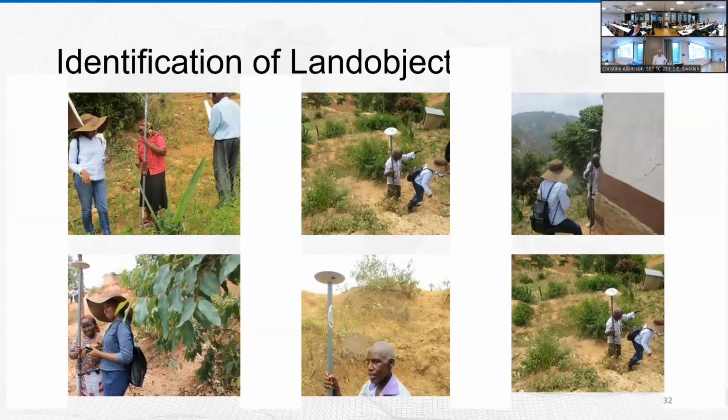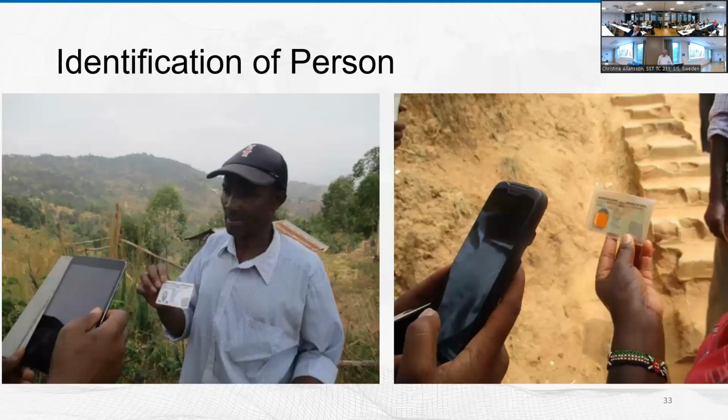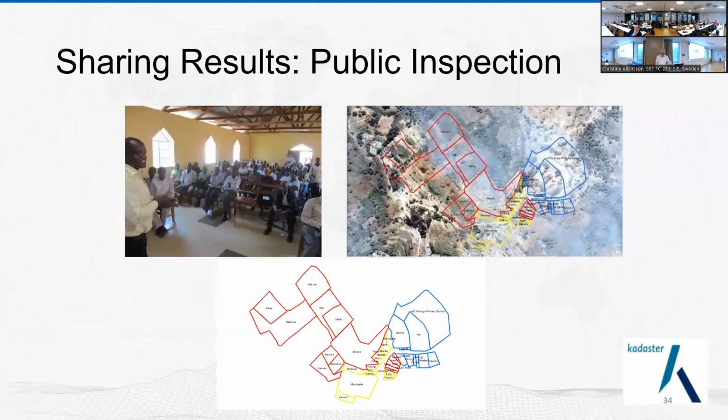They bring together the community, and the community says, this is where we think this is my land, and so forth. It's a community activity. So there's identifying a person through this process, sharing the results as public inspections, and they bring everyone together.